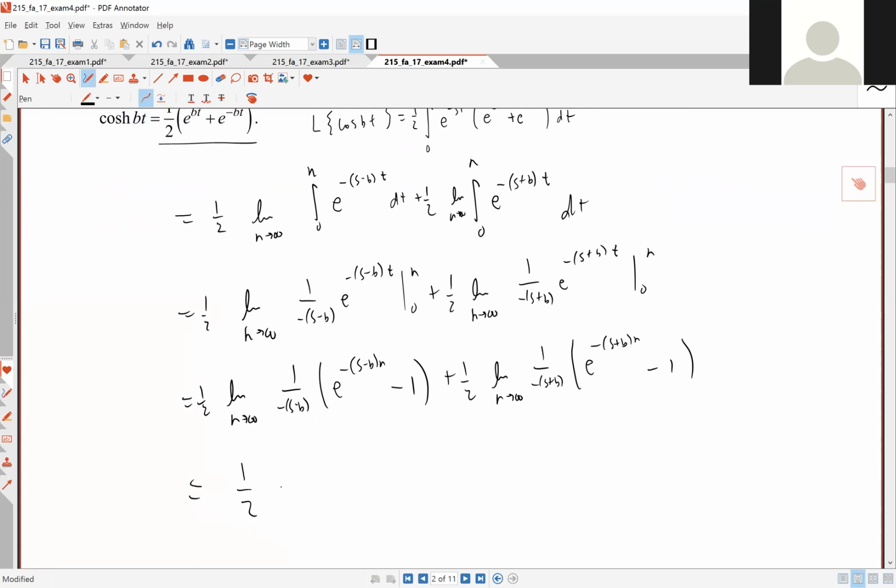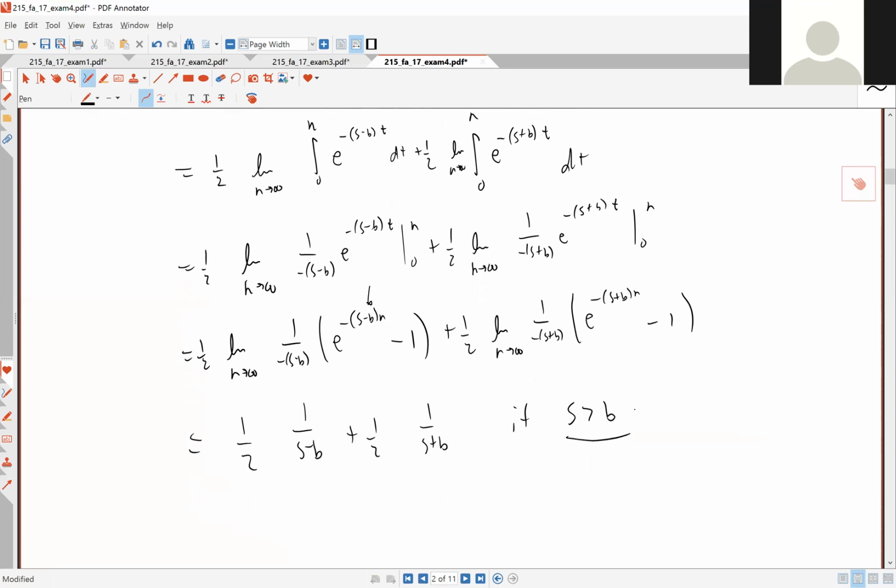Now this is equal to 1/2 times 1 over s minus b plus 1/2 times 1 over s plus b if s is greater than b. If s is greater than b, then that's a positive number, and then that goes to 0. If s is greater than b, then s plus b is a positive number, and that goes to 0.